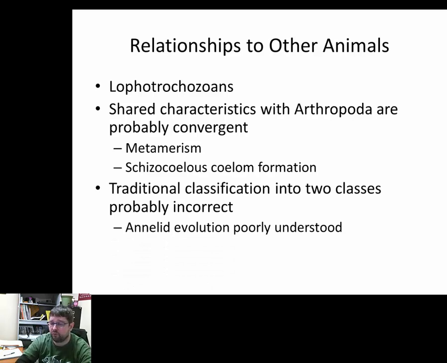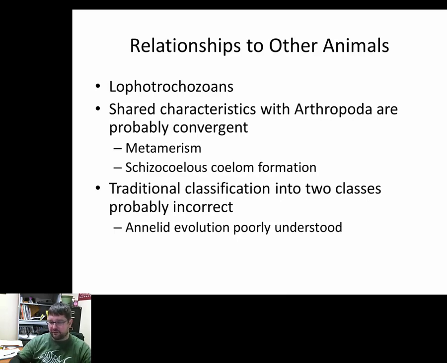Now, the classification here is interesting to say the least. It's being worked on by some researchers out there. It will be changing in the near future. In the next 5 years or so, we'll have a better understanding of the evolution of annelids.